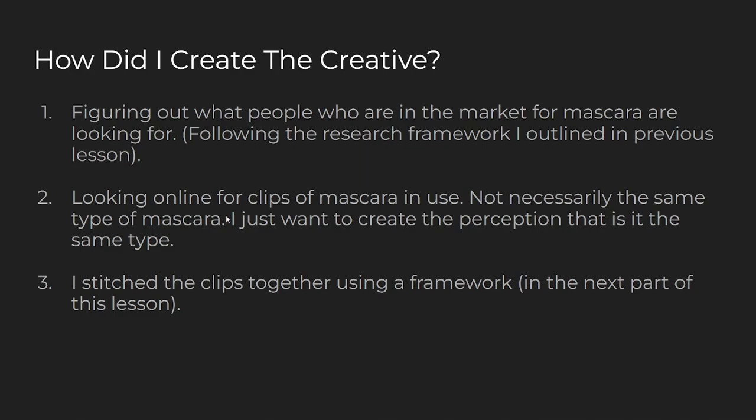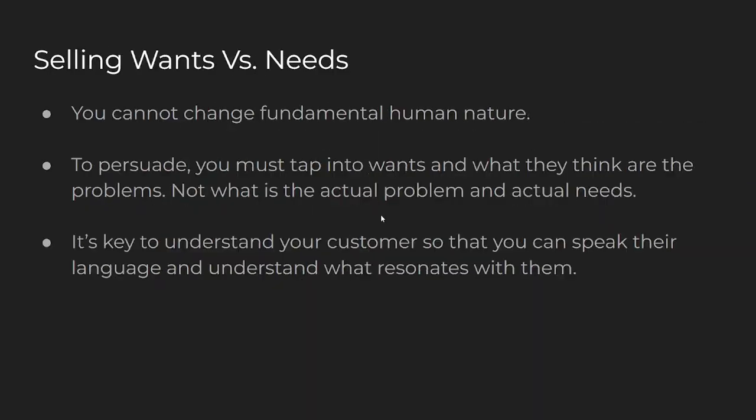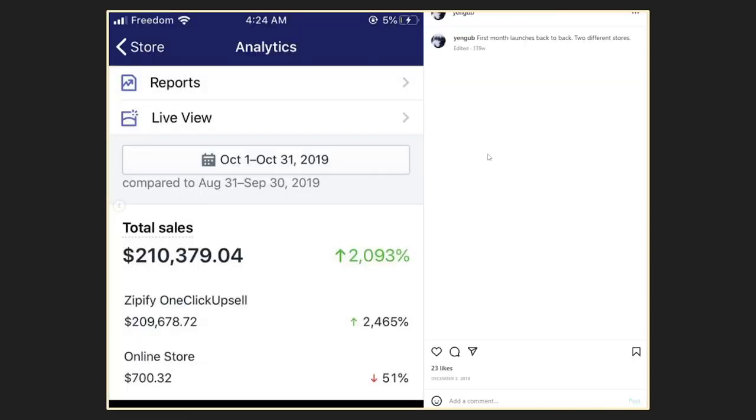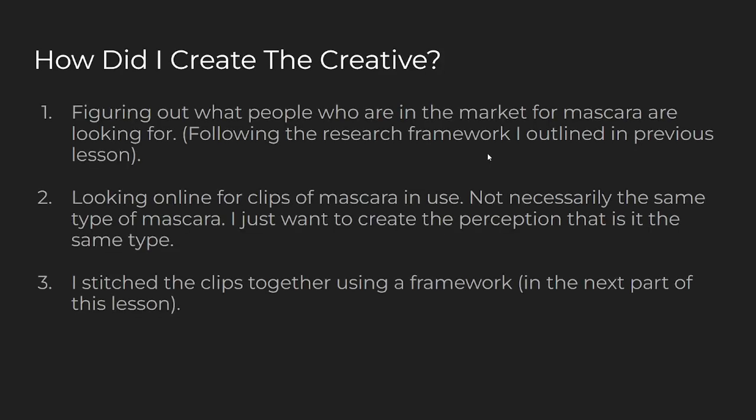So I would look for clips online of mascaras in use, but it wasn't necessarily this mascara. I would look for clips of other mascaras, and they all pretty much look the same, but when I stitched them all together, it seemed like it would be just one type of mascara, and they would just be seeing all the best mascaras in use.